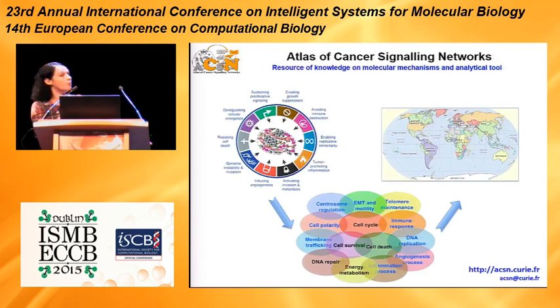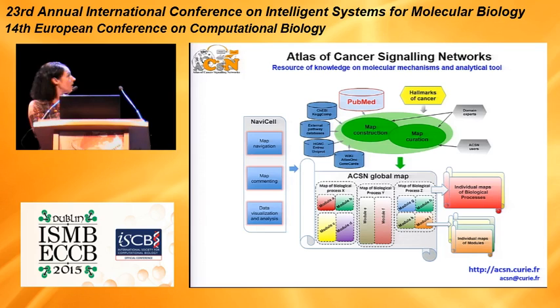We have used the hallmarks of cancer, those processes that are implicated in the majority of cancers. Behind each of these hallmarks there are particular mechanisms that we represented as maps, and together the maps, in analogy to geographical maps, compose the atlas of cancer signaling networks.